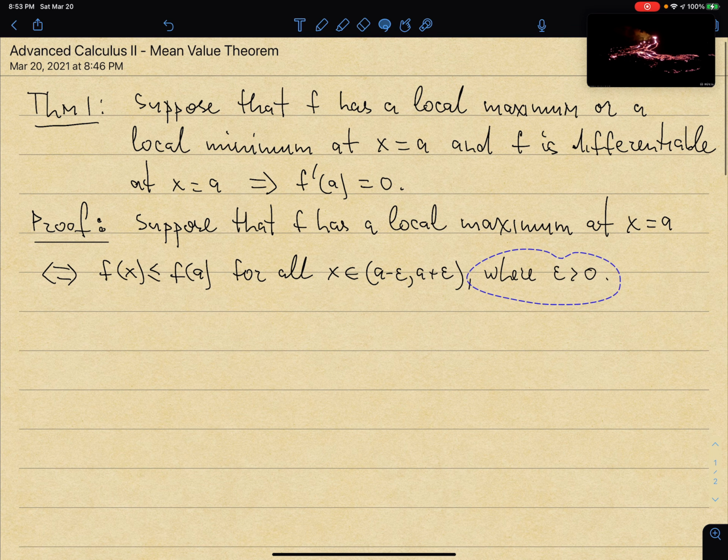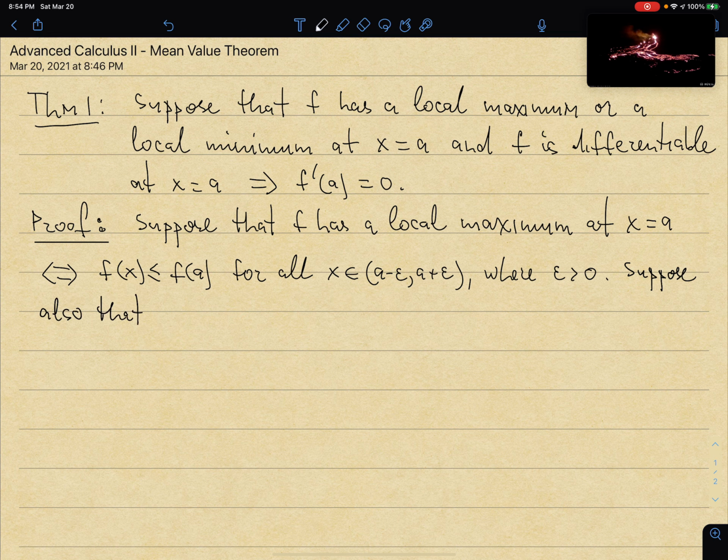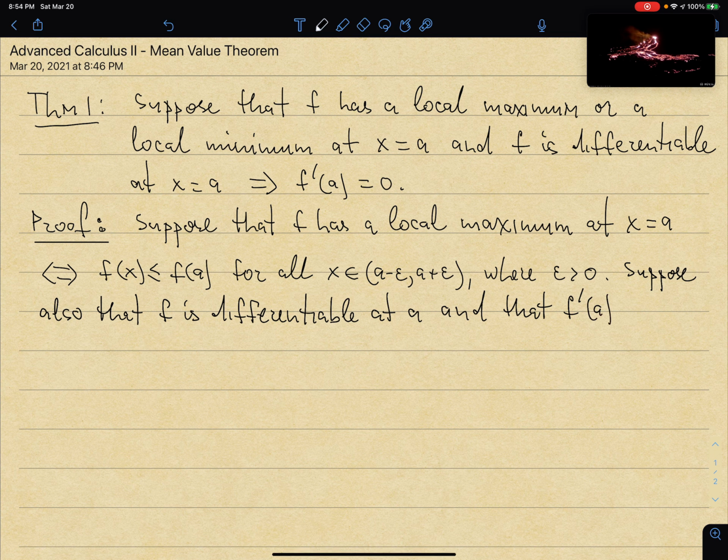Okay, so let's now also suppose that f is differentiable at a, and that f prime of a, let's say, is greater than 0.